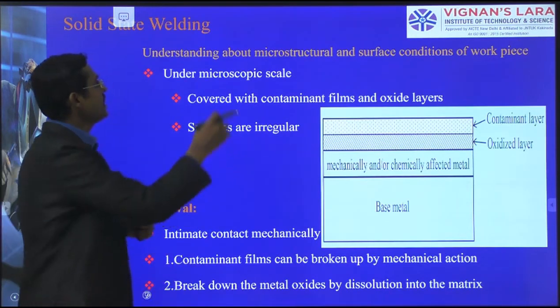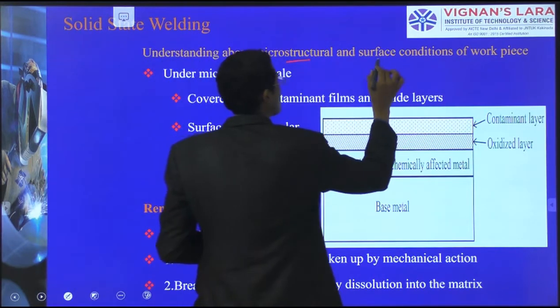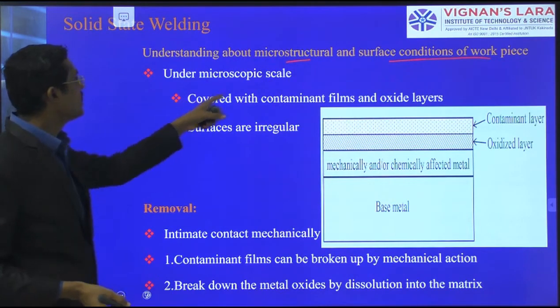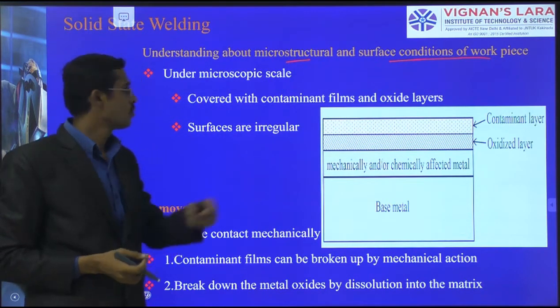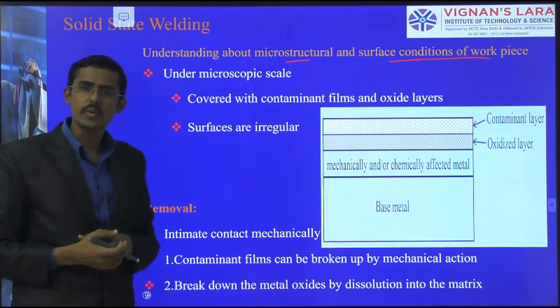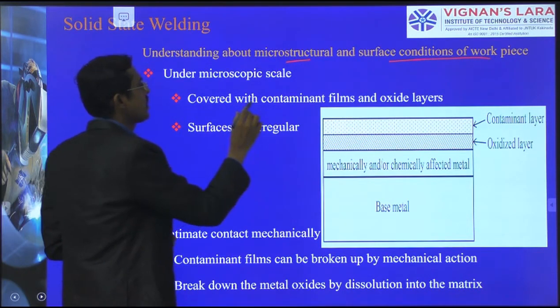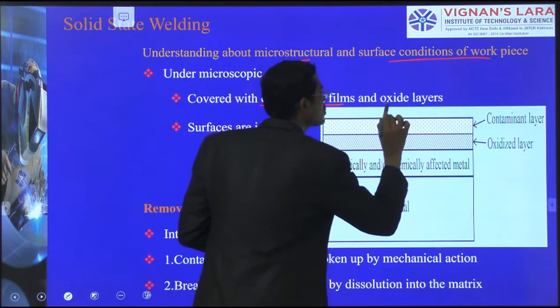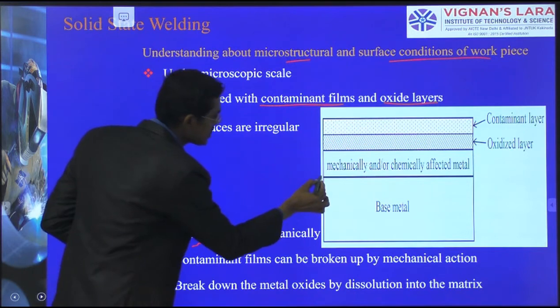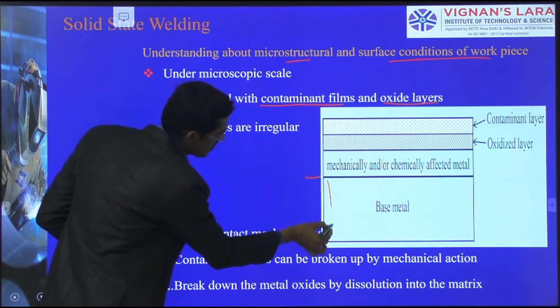So, the understanding about the microstructural and surface conditions of the workpieces. You see, on the microscopic scale, when we are seeing the workpieces, the specimen is covered with contaminant films and oxide layers on the base material. This region is the base material specimen.